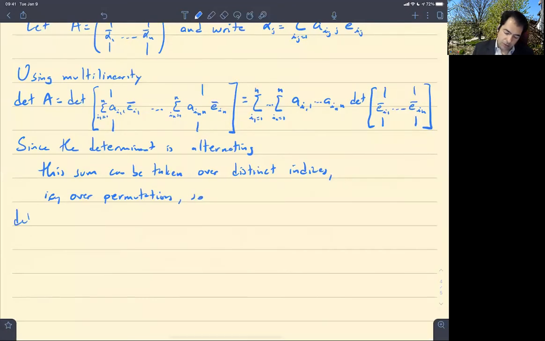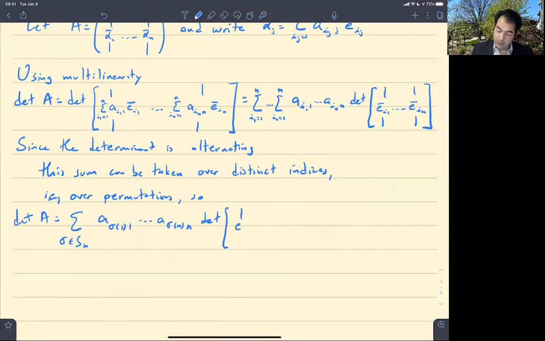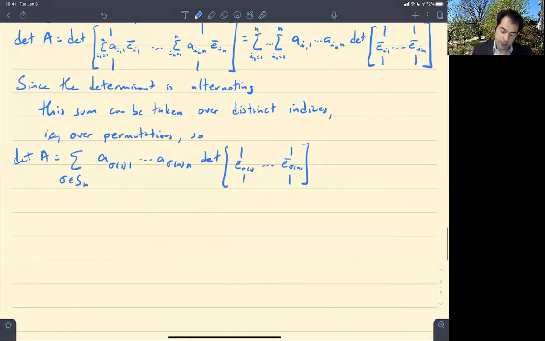So that means that the determinant of A would be equal to a sum where sigma varies among the permutations of A_{sigma(1) 1} up through A_{sigma(n) n}. And that gets multiplied by the determinant of the matrix whose columns are E_{sigma(1)} through E_{sigma(n)}.